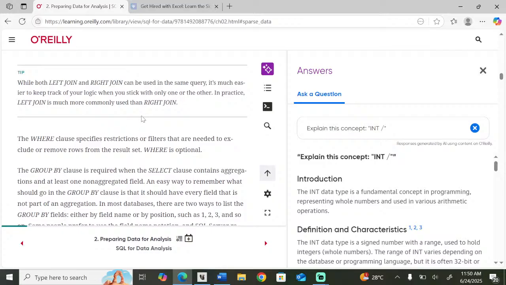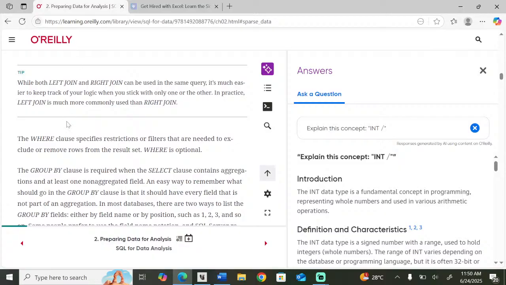So where filters information for you to get the specific information you need. If you say select name, customer ID from the customer table where, you want specific information, where customer ID equals 1. That is just an example.